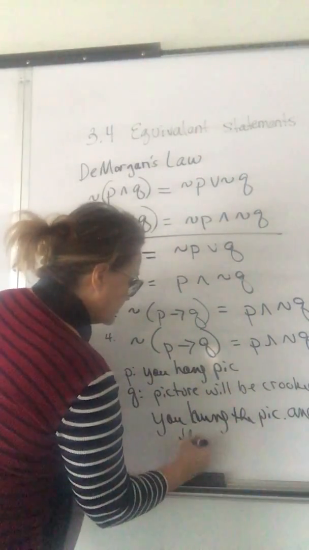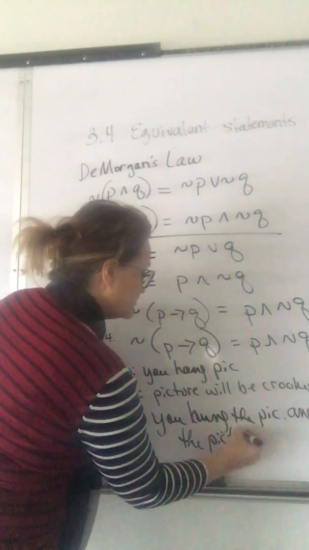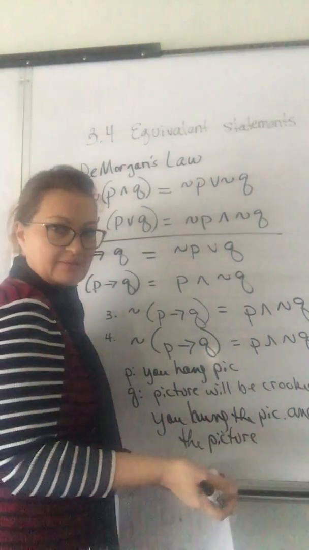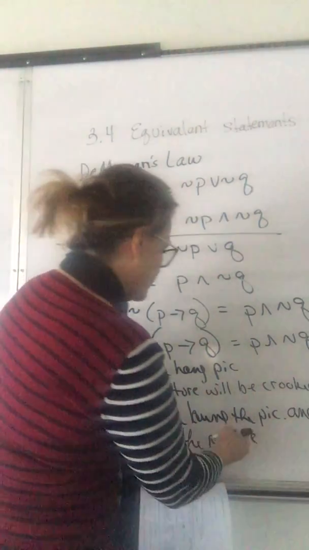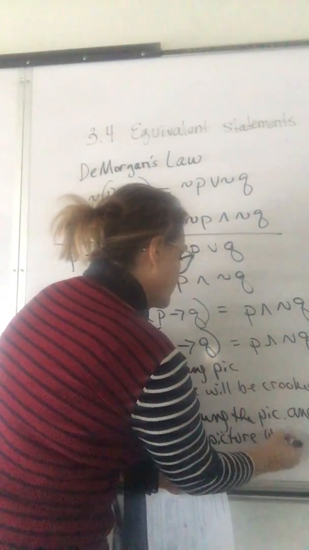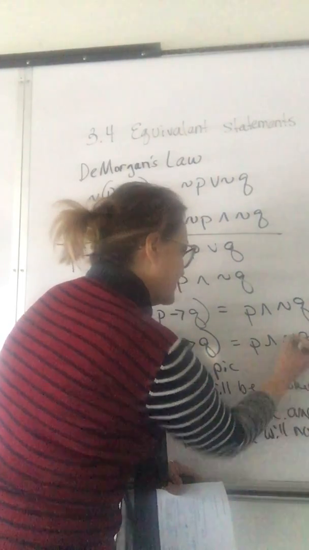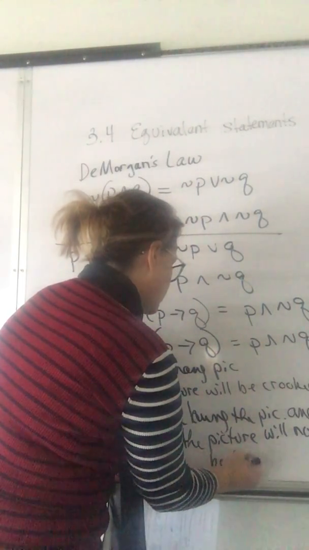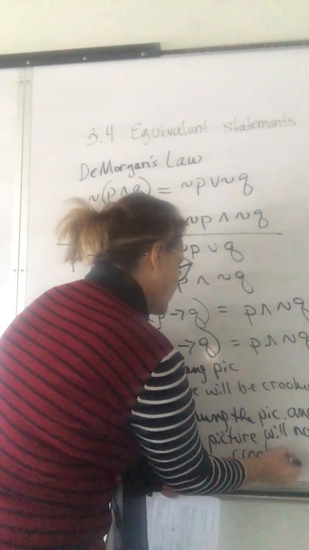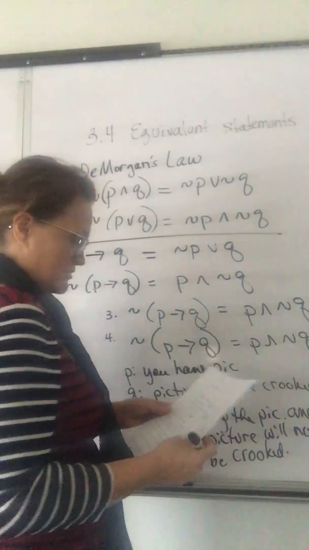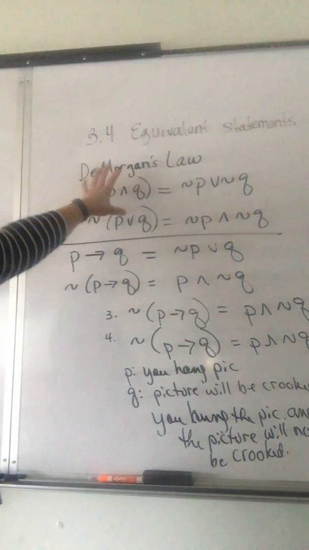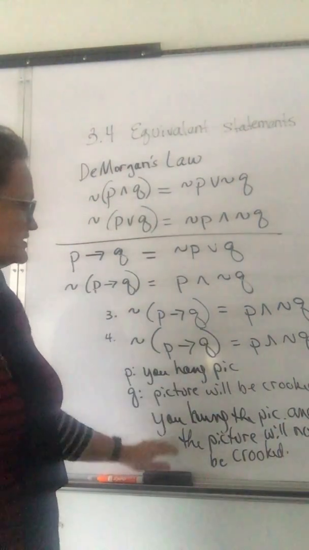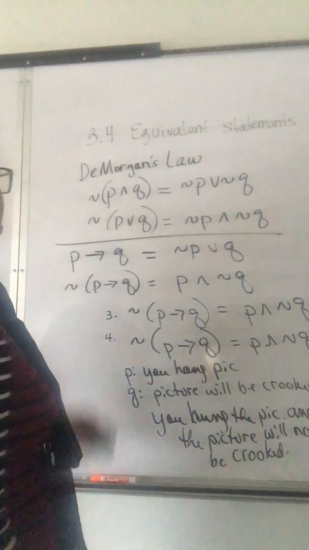Those should be equivalent in our English language to saying the same thing, so read those to yourself and see that you think that would be so. And the picture will not be crooked because we're negating Q. Always feel free to pause the video and think about these things before going on. All right, so that's practice with some of the pre-formed equivalent statements.